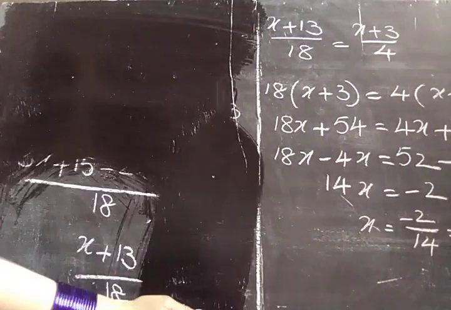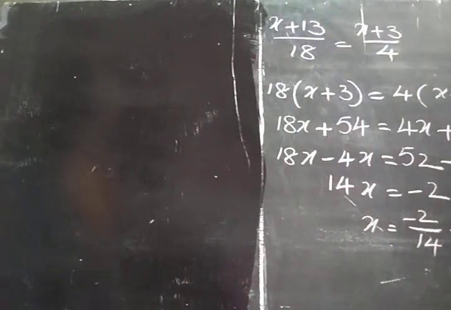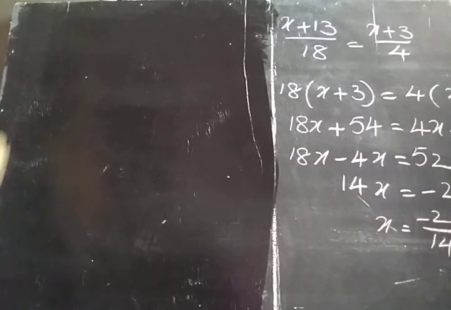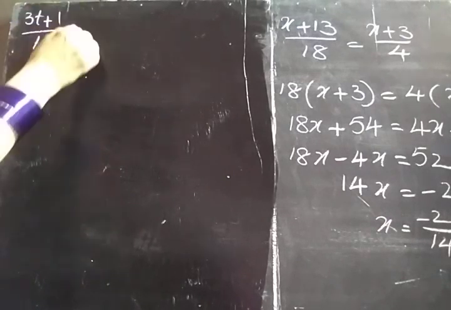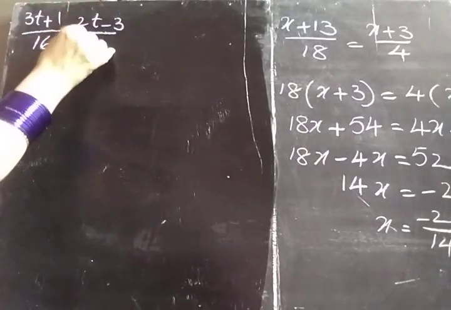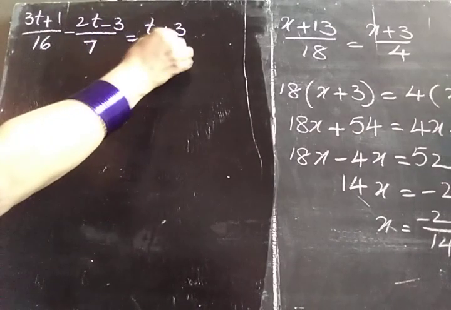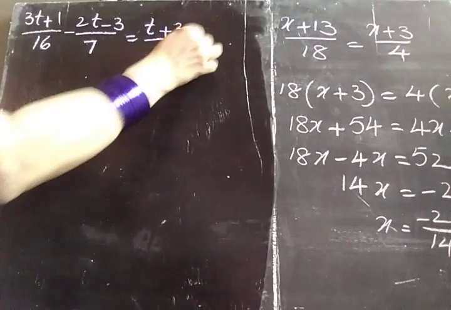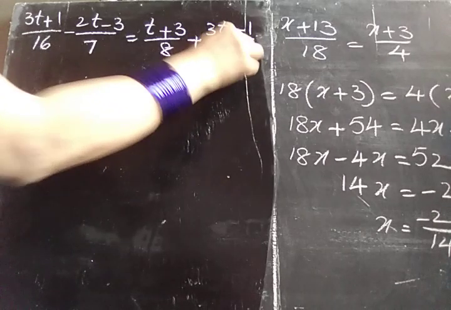Now next one, 12th question. 3t plus 1 by 16 minus 2t minus 3 by 7 is equal to t plus 3 by 8 plus 3t minus 1 by 14.